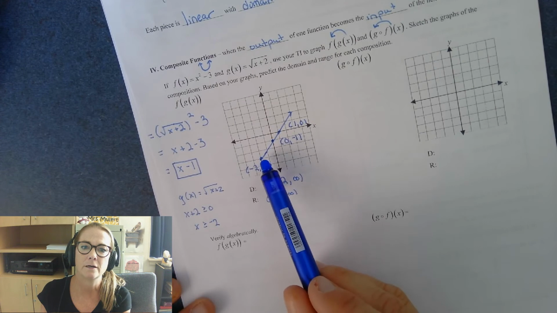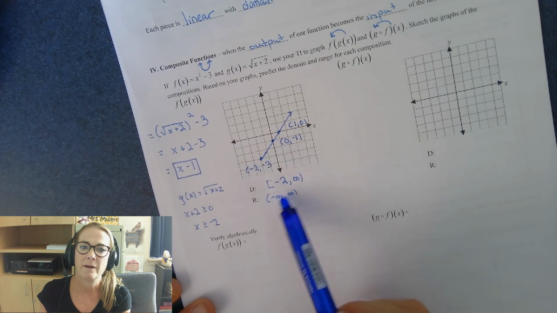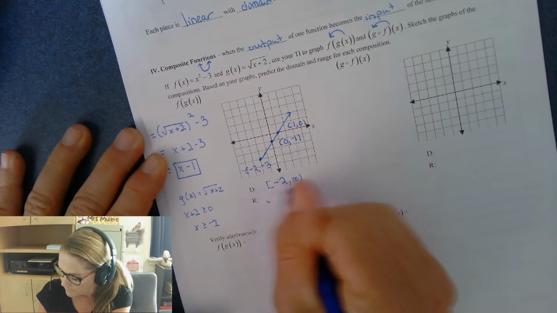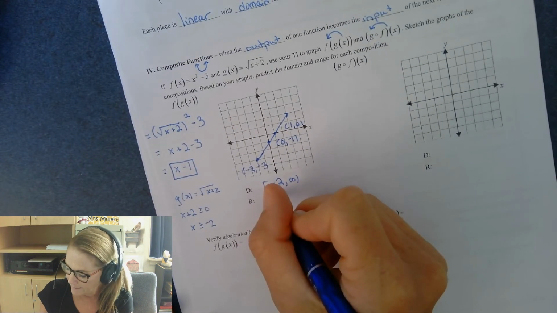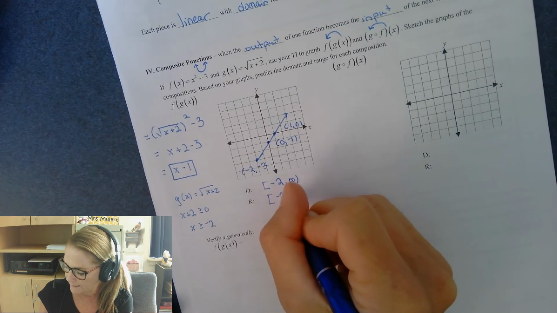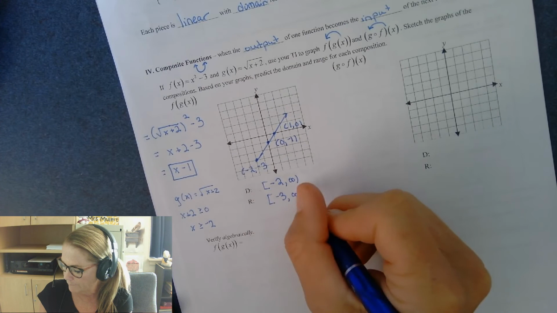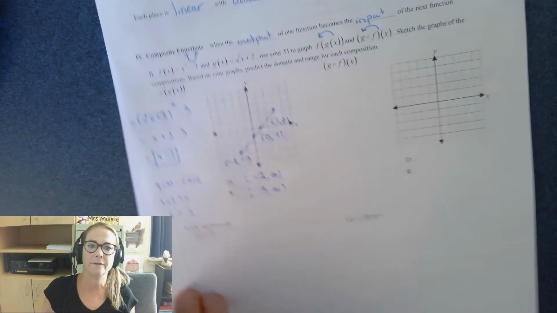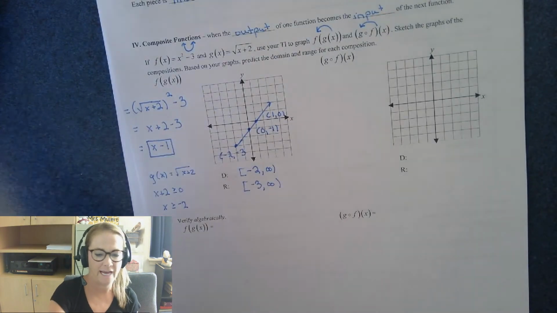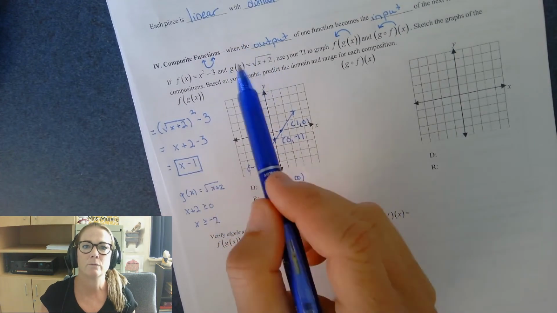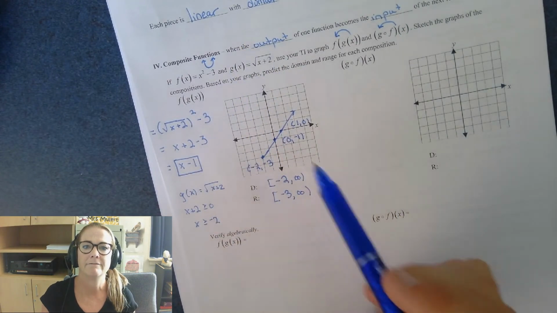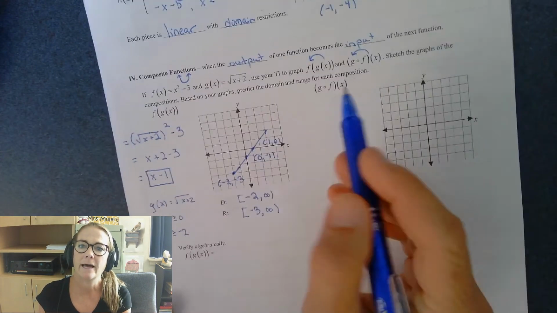Since the graph starts at negative 2, which is at negative 3, that range isn't going to go down any further. So this range is going to be adjusted, and you calculate that by seeing what happens with the domain. The domain's kind of in charge, and for the range you just check out what's going on. So make sure if you do something like that, you respect the original domain because it's going to affect the composition.